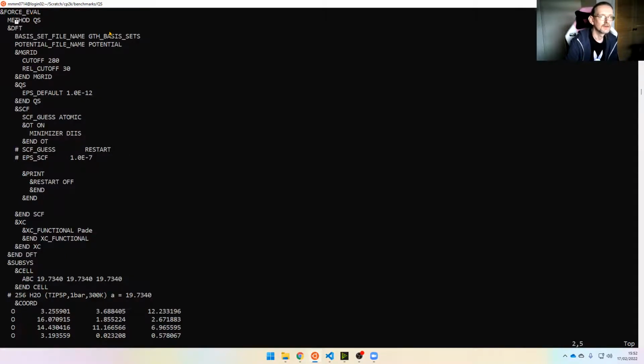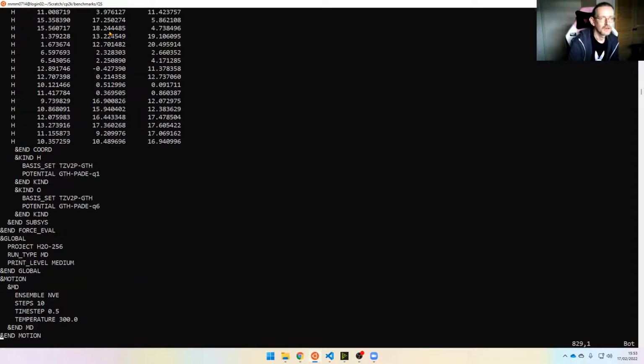In the force eval section, the method is using DFT, specify the basis set files, these grids, general accuracy setting, the SCF setup I mentioned, what type of exchange correlation functional you're going to use, specification of the cell, one of the few places where angstroms are used, specify the coordinates, but you can read in from XYZ, CIF file, whatever, and down at the bottom, specify basis sets, auxiliary basis sets if you're using this ADMM method, pseudopotentials, tend to use these GTH norm-conserving pseudos.